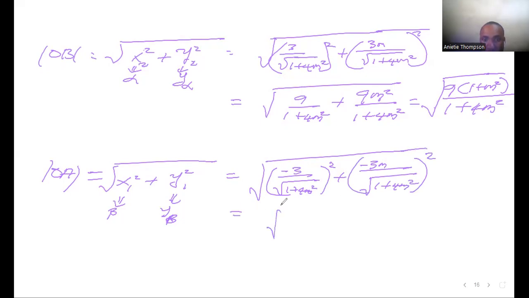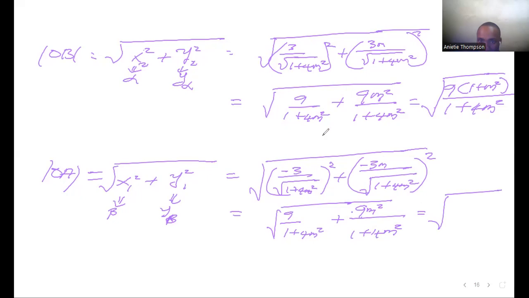Simplifying, you have the square root of 9 all over 1 plus 4m squared plus 9m squared all over 1 plus 4m squared, and that will give us the same thing. Look at it, the same thing. That will be 9 into 1 plus m squared over 1 plus 4m squared.